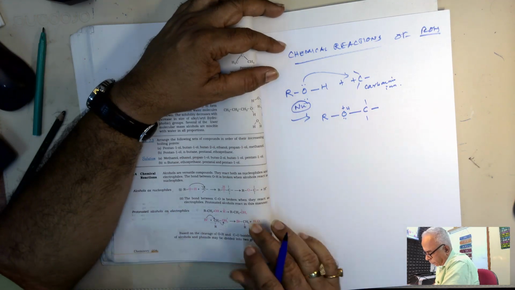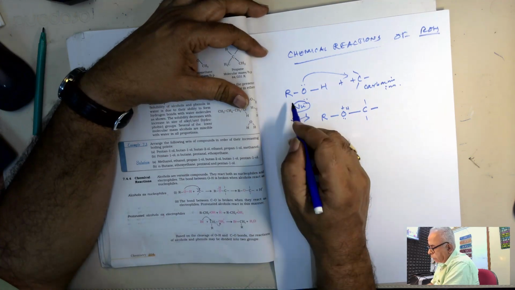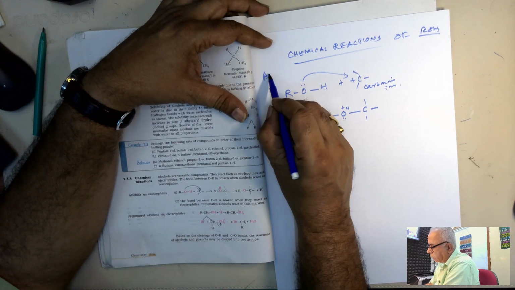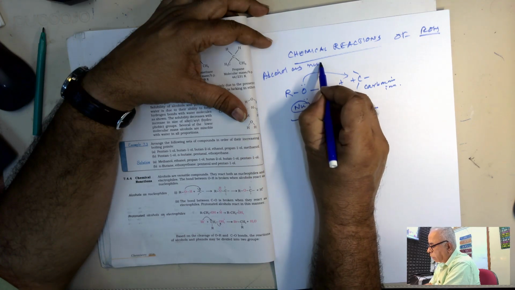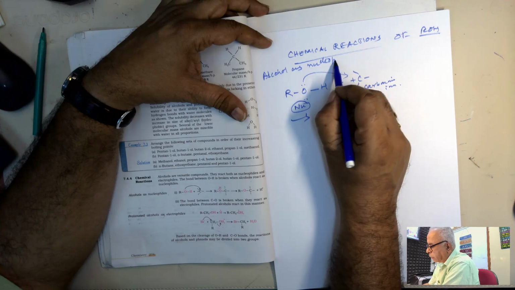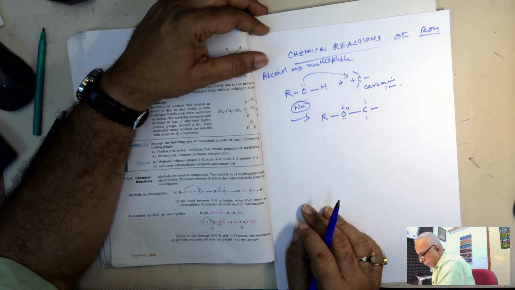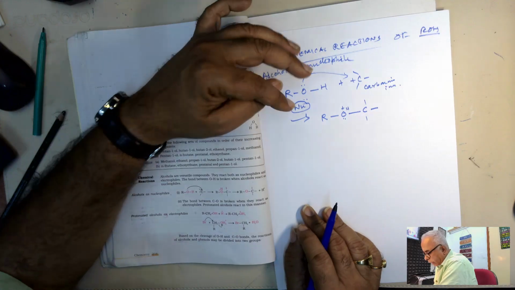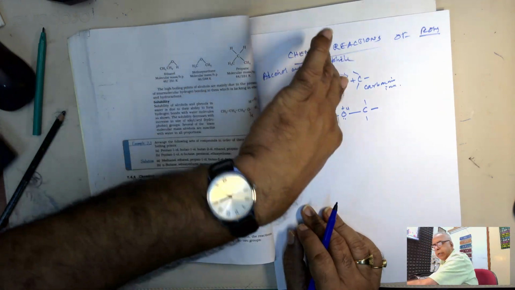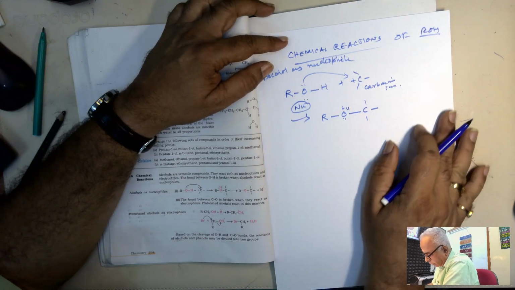Take down. So this is alcohol as nucleophile. A nucleophile is the negative entity or electron enriched entity that goes in search of the carbonium ion, and that is why alcohol acts as a nucleophile.